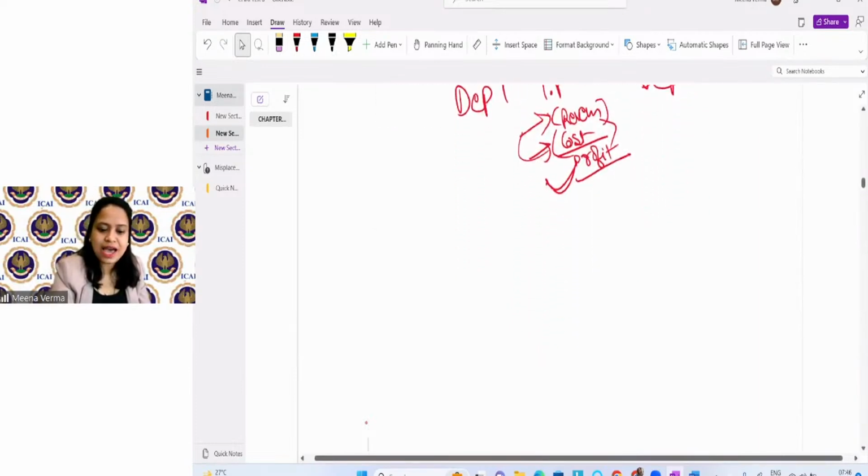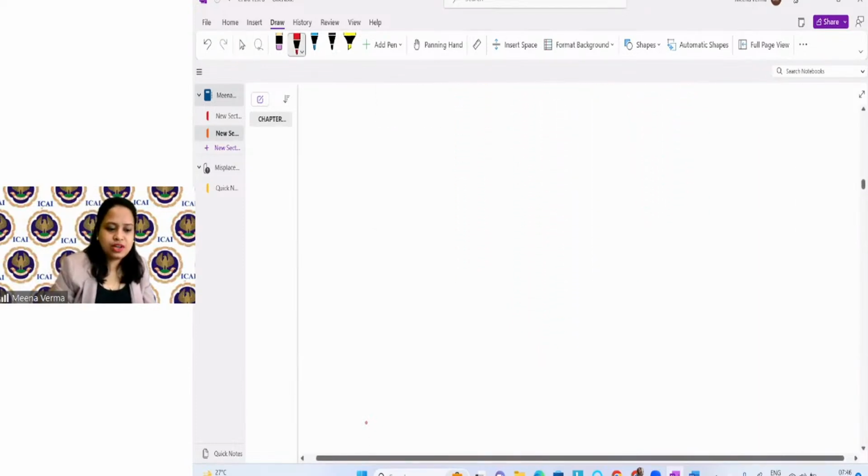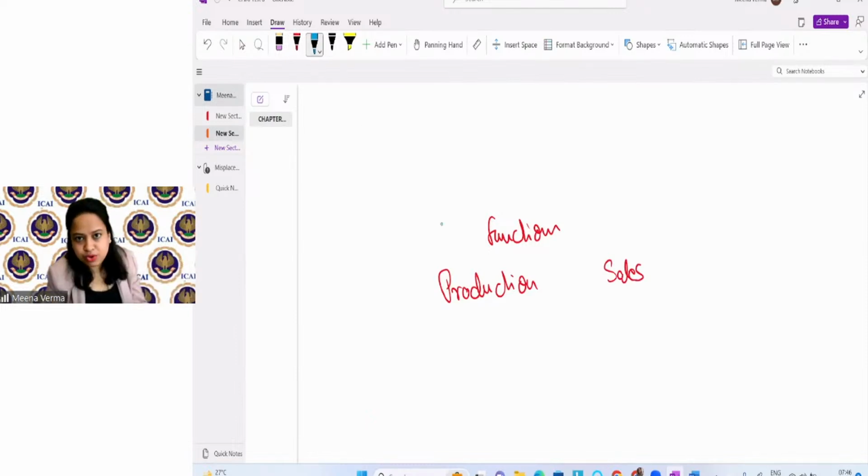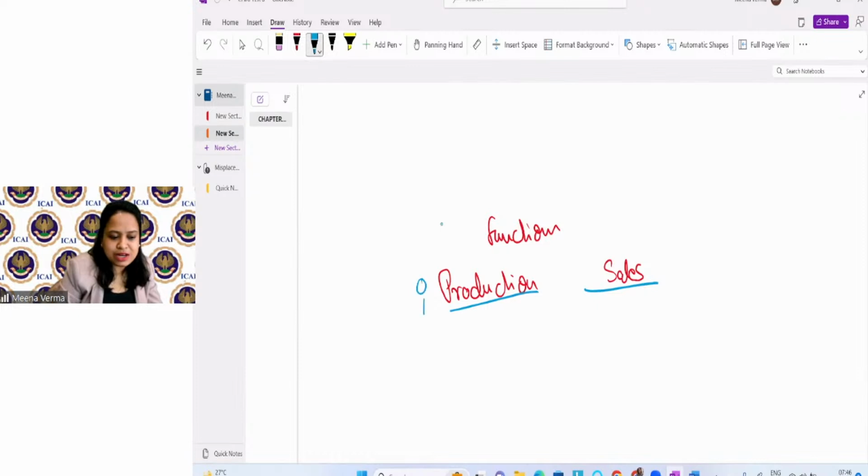So if you see, actually it's a bigger picture. How? A department can have different functions. Function ka matlab production department and sales department. So a company can have a production department and a sales department. A manager is sitting here. This manager is only responsible for production. This manager is only responsible for sale.